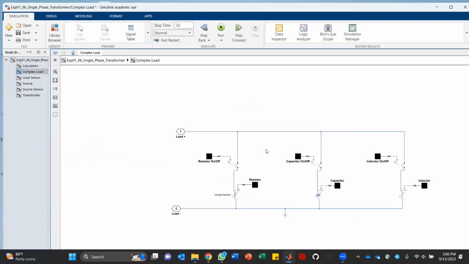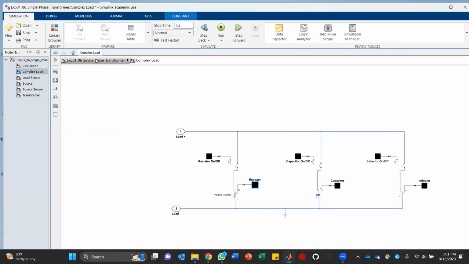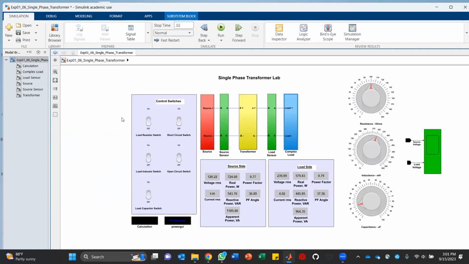In some cases you will have a resistive load, in some cases capacitive load, in some cases inductive load. You can change the value of the resistor by double clicking it, but I do not recommend you to do it, though you definitely can.